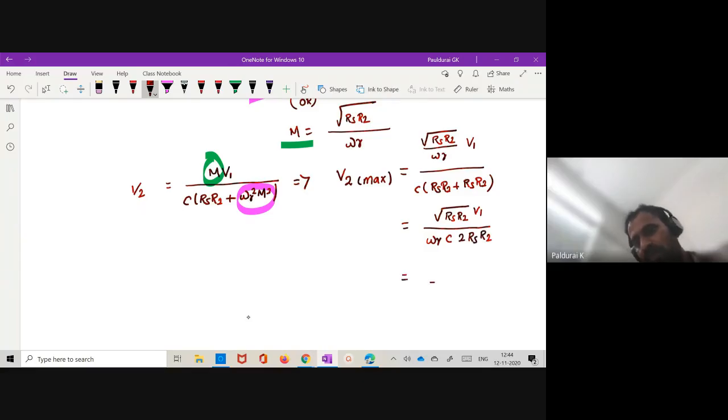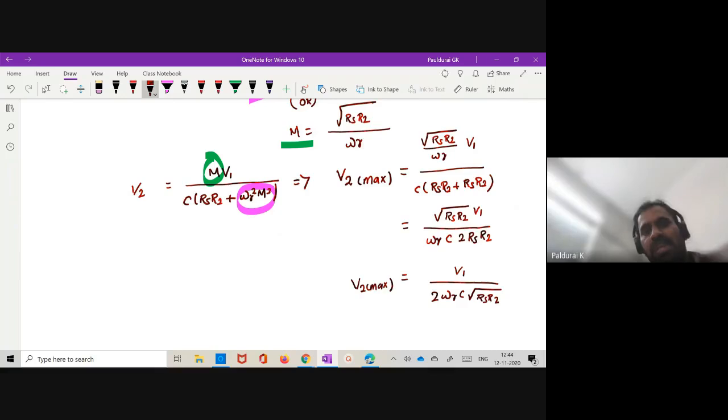If you simplify this, then you will get V1 divided by 2 times omega R C square root of Rs R2. This is my maximum voltage gain.